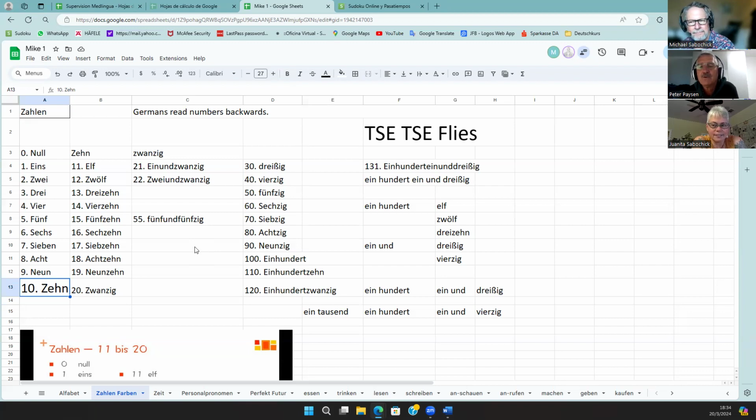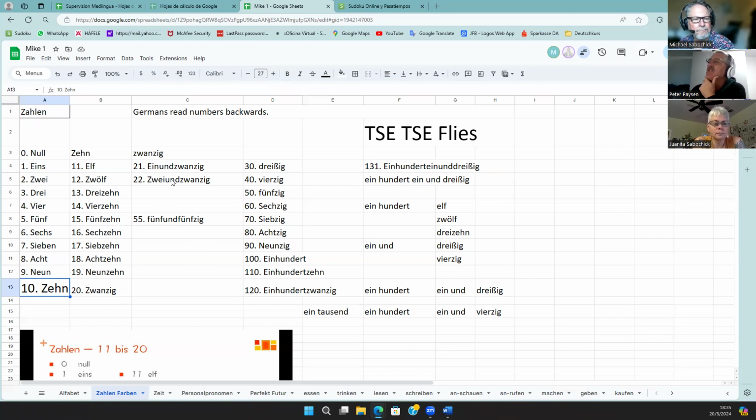Okay, we go back to 20, a strong 20. Okay, good. So now we got the basic 1 through 20, which is very similar in English as it is in German. Now we come to the 21 and up.